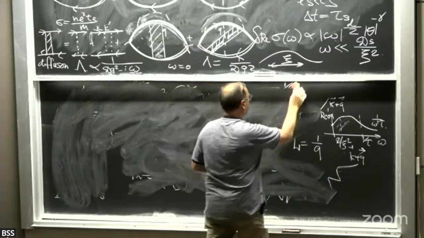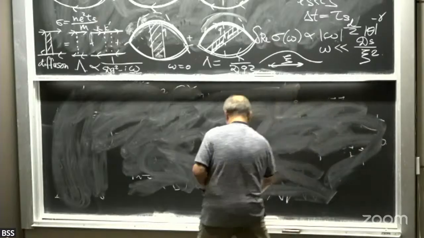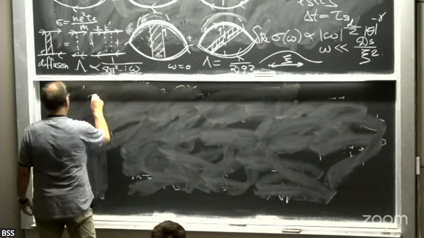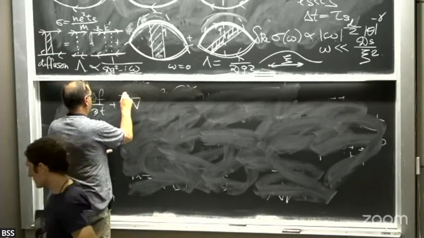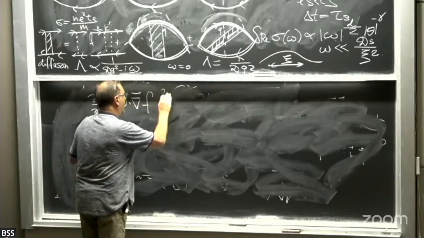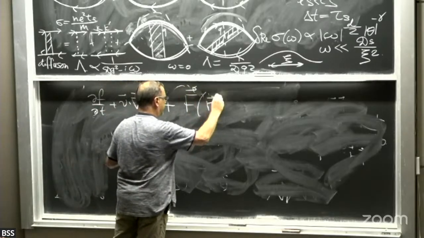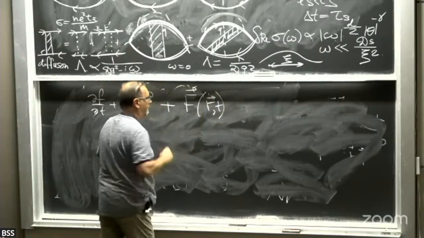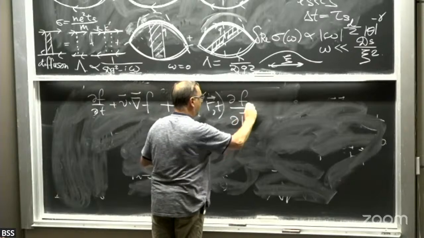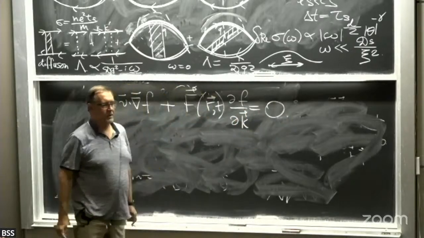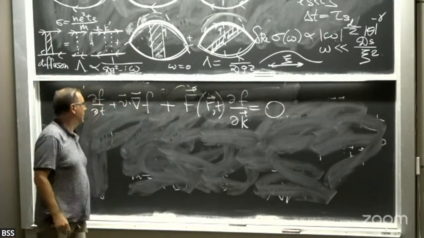And again, I'm looking at a single particle problem, but in the Liouville equation, I will have df/dt plus v del f plus the external force, time and position dependent, d/dk, and I will have 0 on the right-hand side. Just motion of a particle under the force.